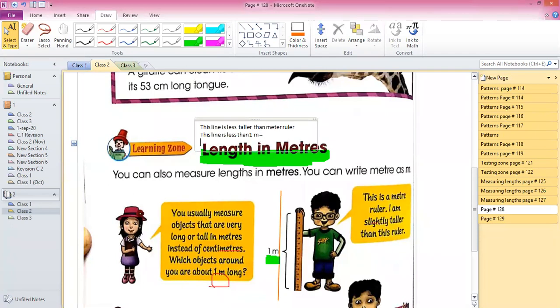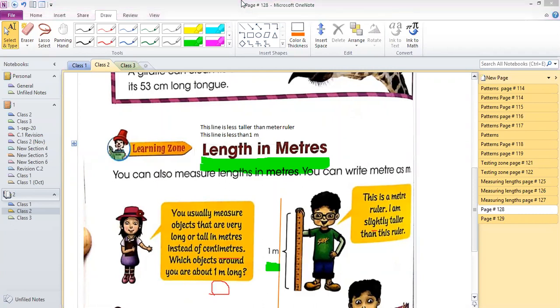Very good, Ali Nizar, Ahmad Farooq, Asser, Hamedo, Saud. Saud, I did not give you the option of taller, okay? I'm asking, this line is dash than 1 meter: less than, more than, or about to.